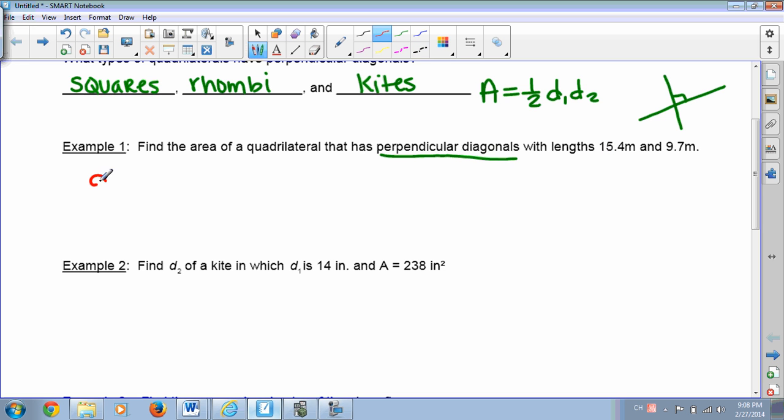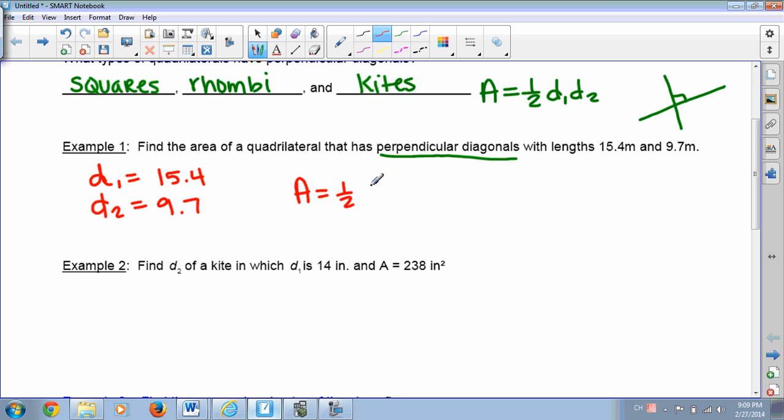Okay, so we know that D1 is 15.4, and D2 is 9.7.